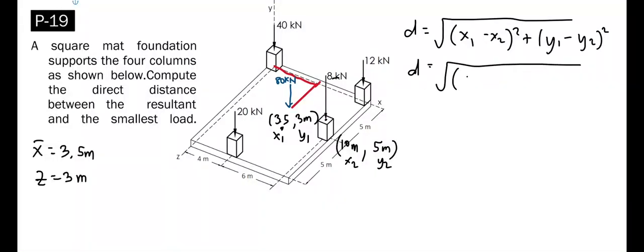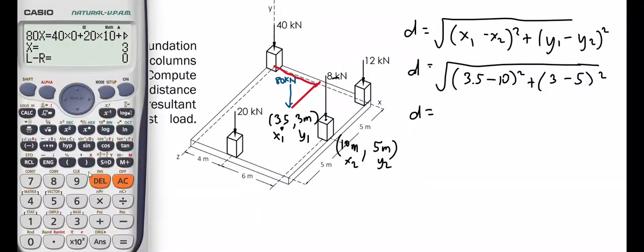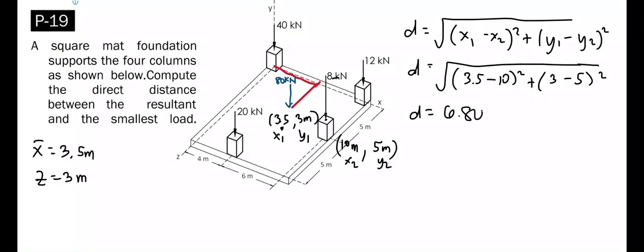So we have (3.5 minus 10) squared plus (3 minus 5) squared. Solving for D, that is equal to 6.8 meters approximately. And this is our final answer.